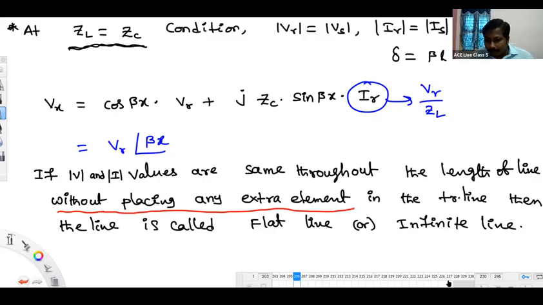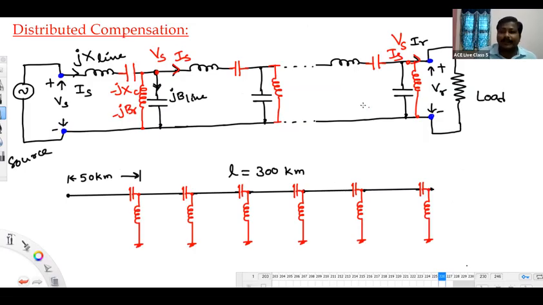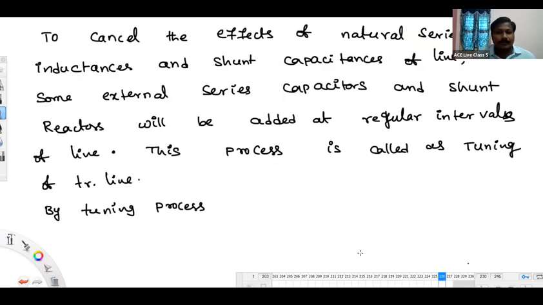But now we are providing some compensation to meet that requirement, so this line cannot be called a flat line. This is called a tuned power line. So by tuning, V and I are the same throughout the length of the line.